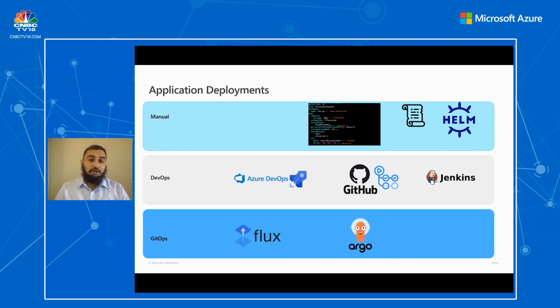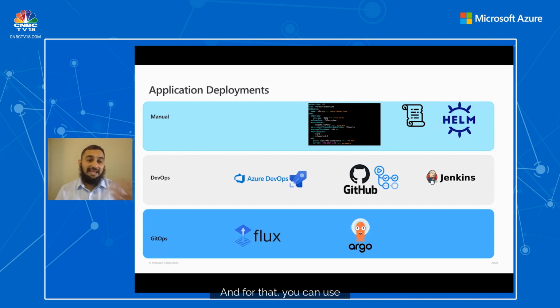But then, if you really want the best power of Kubernetes, it is to use DevOps. Because with DevOps, you can put all of your deployment manifests into source control, and then use the CD engine, the continuous deployment engine, to deploy these containers into the Kubernetes environment in a repeatable, automated, and agile manner.